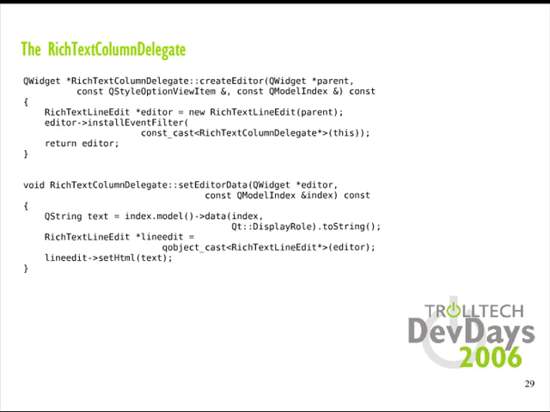The next two bits are not exciting, but they show you the pattern. And they also give me a chance to make a complaint, because I know some of the model view trolls are here. When we create the editor, we create our rich text line edit. As I say, the source code's available so you can see what that is. But it's basically a QTextEdit subclass. Then we have to do this install event filter thing with a horrible const cast.